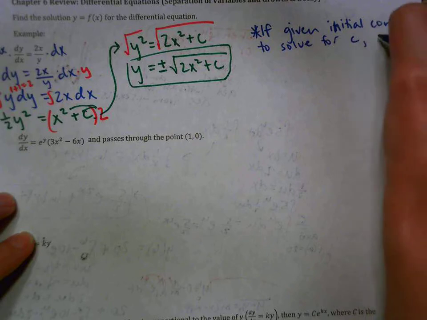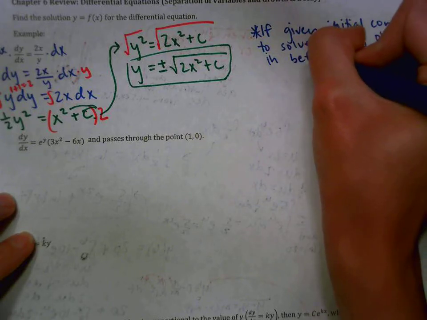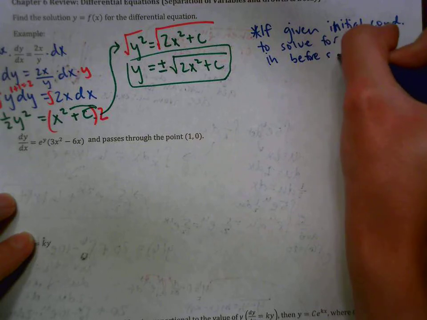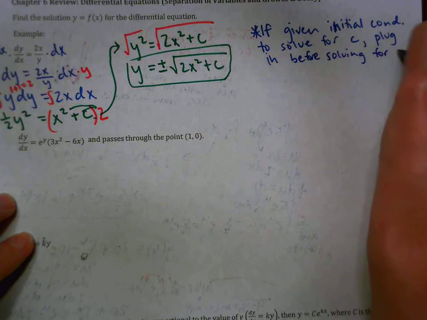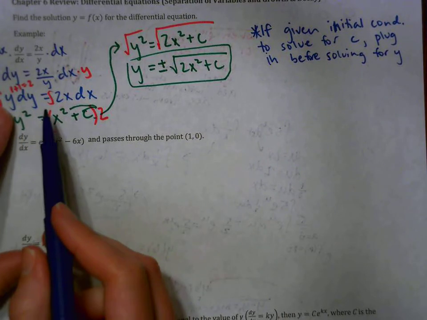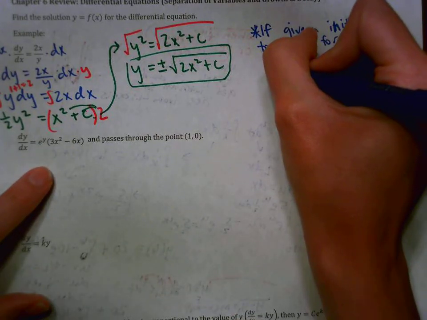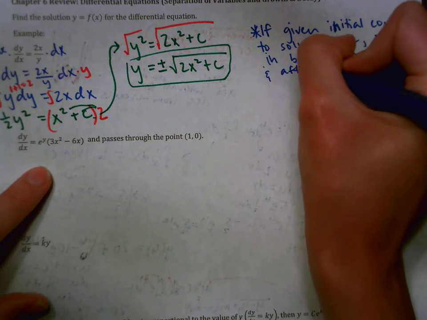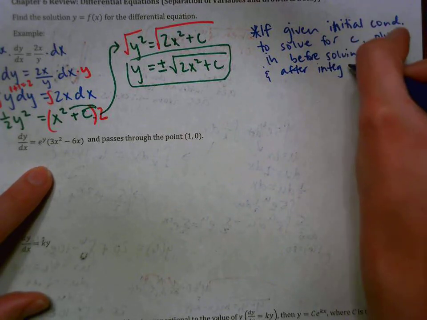I'm going to say plug in before solving for y. Plug in before solving for y, but it has to be after you integrate each side. So I'll say before solving for y and after integrating, because you shouldn't have a c to solve for until after you integrate.